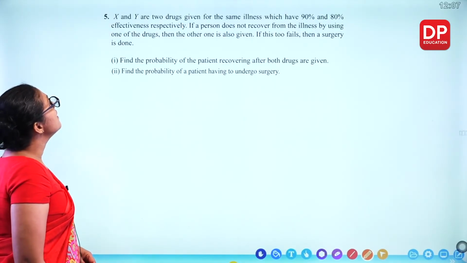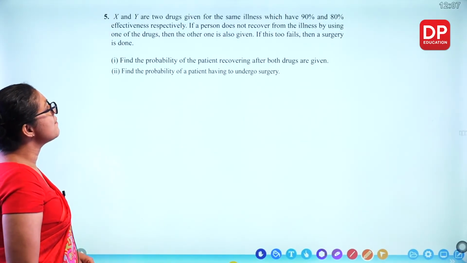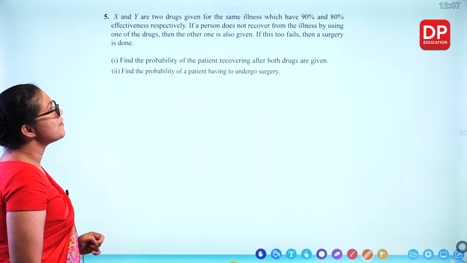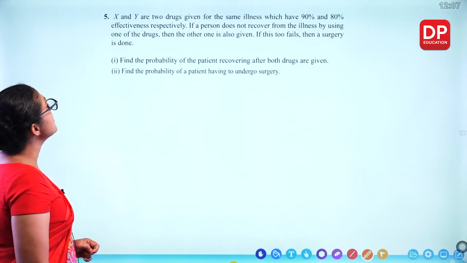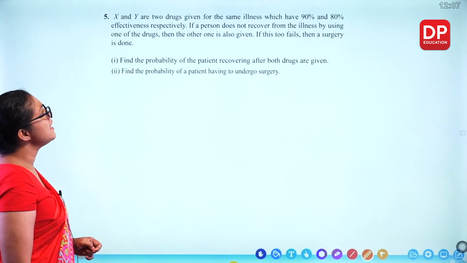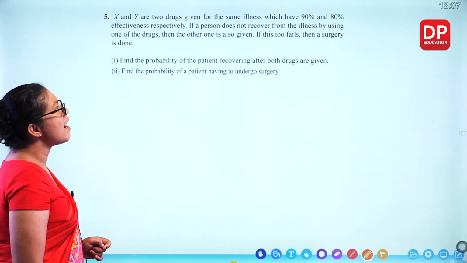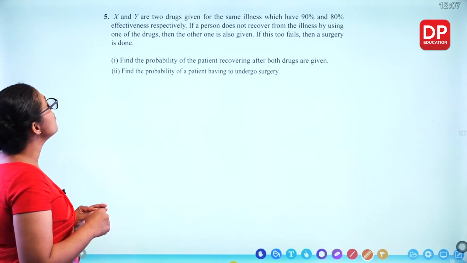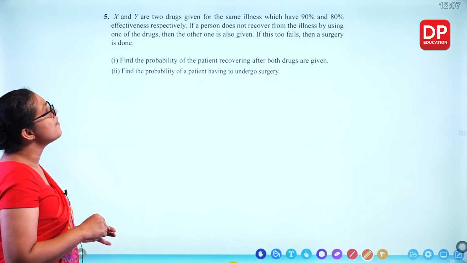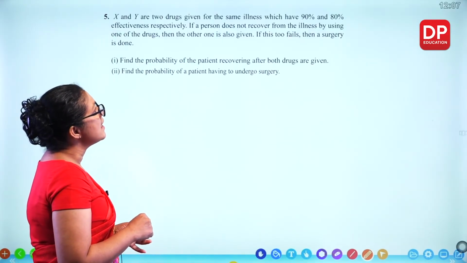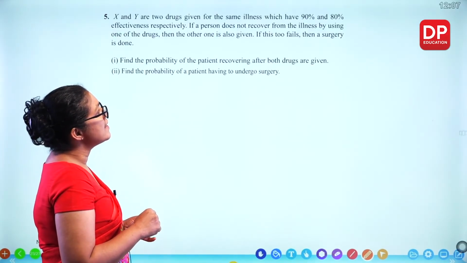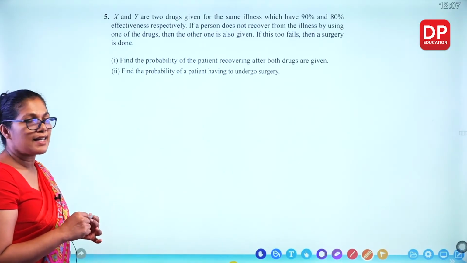Question number 5. X and Y are 2 drugs given for the same illness which have 90% and 80% effectiveness respectively. If a person does not recover from the illness by using one of the drugs, then the other one is also given. If this 2 fails, then a surgery is done.